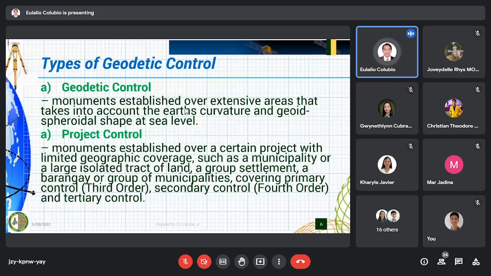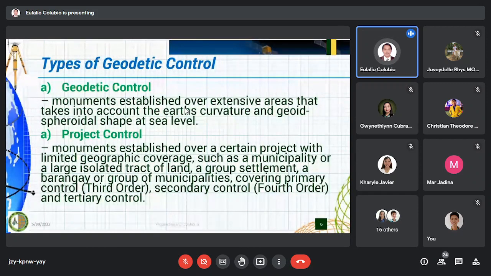So if you're going to observe this type of monument using GPS, it takes longer hours to observe. Usually zero order. Zero order, I experienced that one in Cebu, 12 hours of continuous observation.